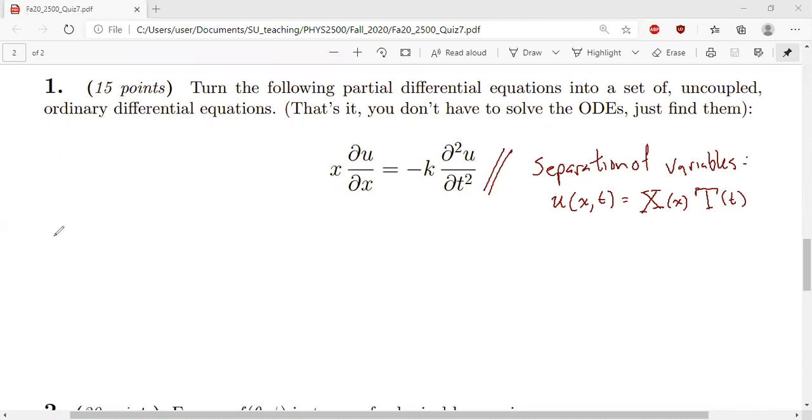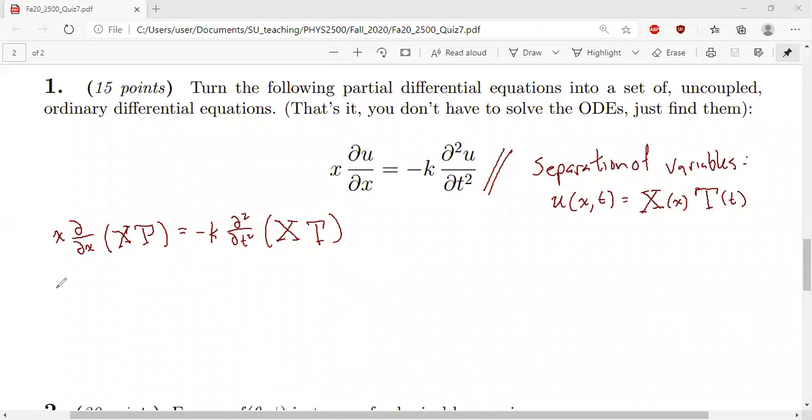And then after that, it's just plugging this in and seeing what the partial derivatives give you and hopefully algebraically solving them. So I have d by dx of X and T times X equals minus k, and then two partial derivatives with respect to t of capital X and T. And we'll see how long I can keep the big serif X's and T's up.